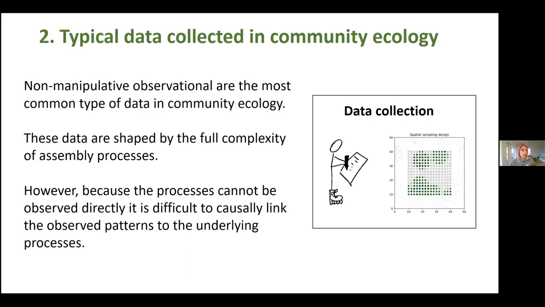And as we have seen from the data that you have submitted, most of it is this sort of data, in which we go to the field and collect data on what species there are and what environmental conditions they are in.